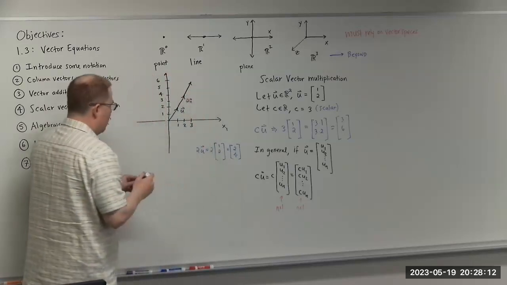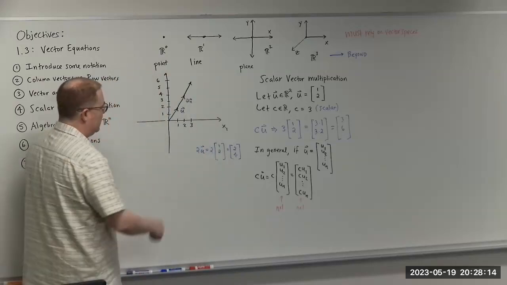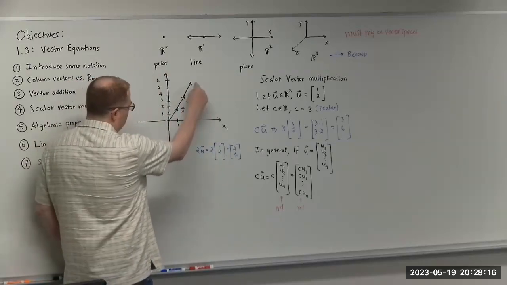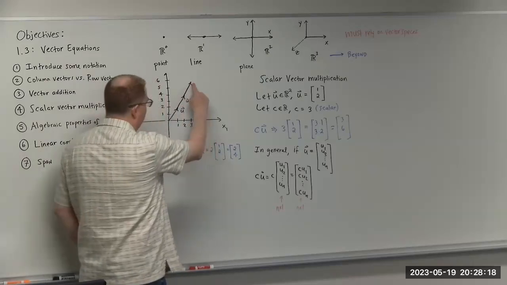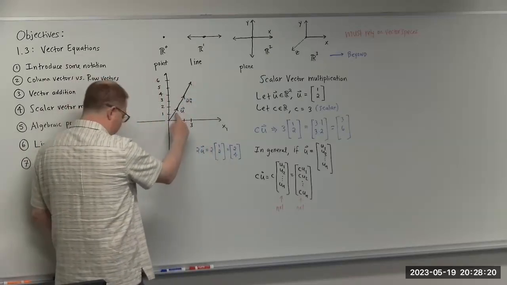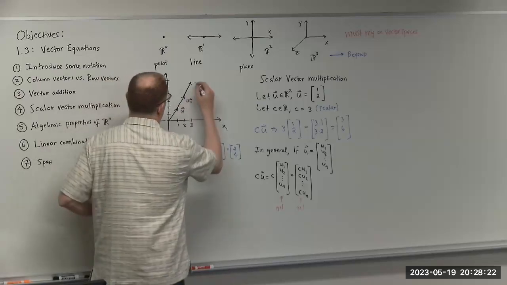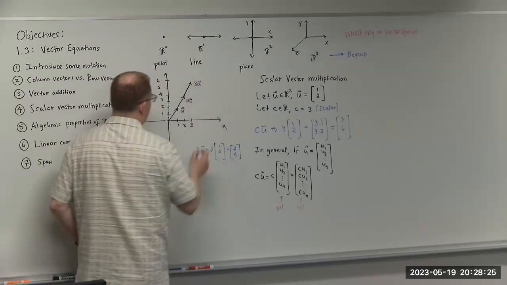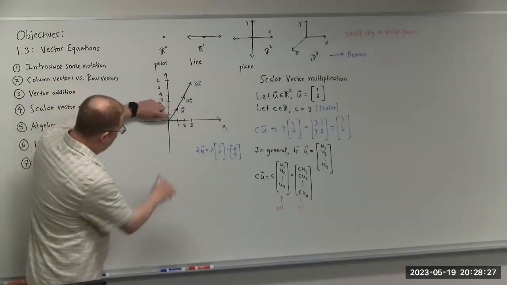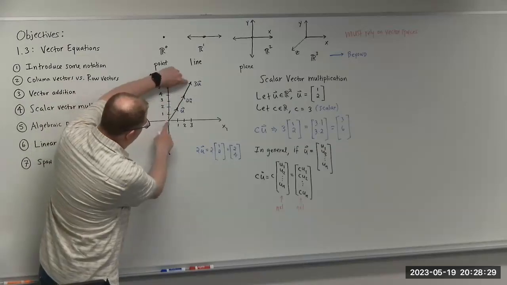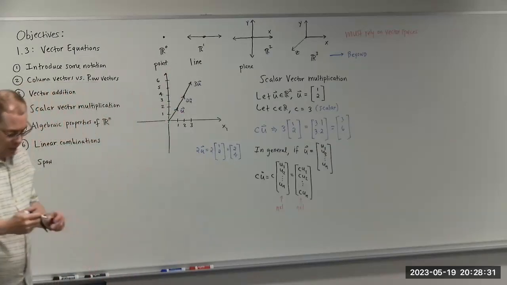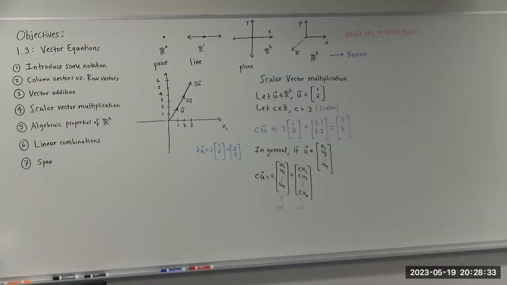So now you can see the distance from the origin to the point 3, 6 is equal to 3 of these. Okay, so we have the vector u, and then this is 2u, and then 3u. So that's what scalar vector multiplication does.